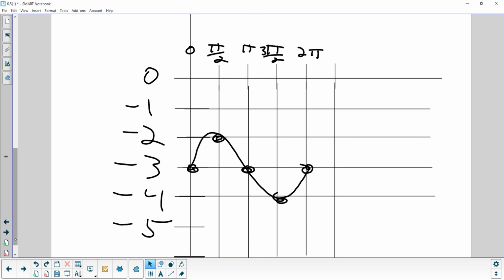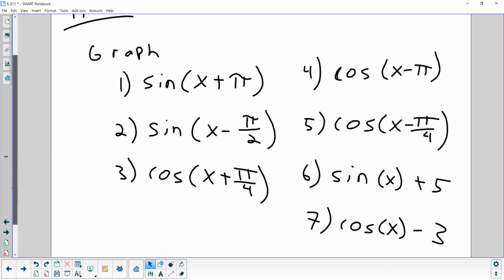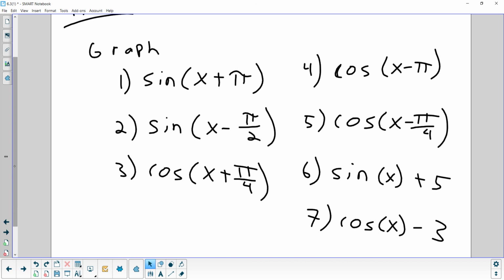So those are the first 2 transformations for sine. Most of the homework is going to be a worksheet. Actually, you know what? It's going to be these questions. On Schoology, I think I had a different worksheet because I was at a different point when I was planning it. Those are the questions for homework, and I'll make sure that's up on the video tonight.